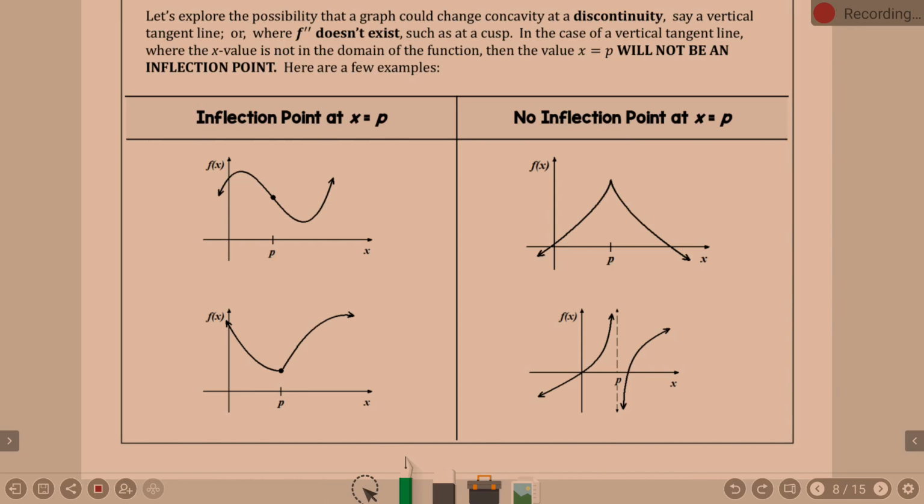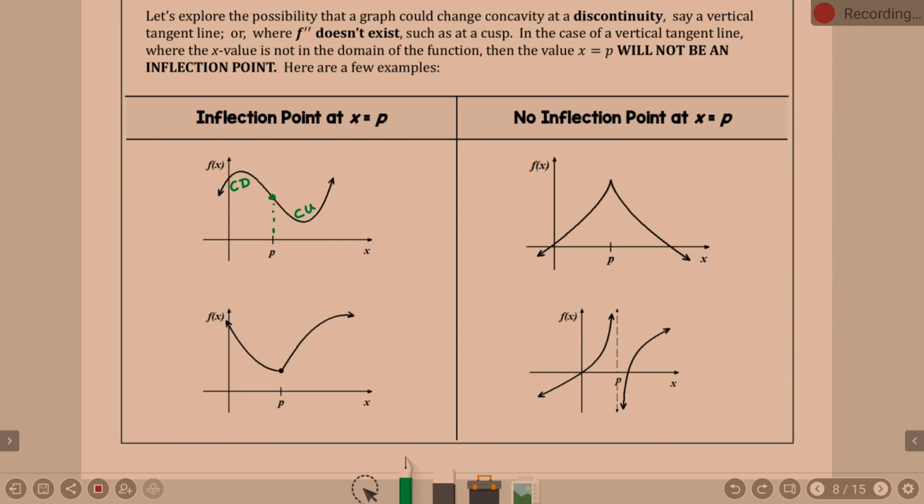So we're going to talk about some cases here. These left cases, here is a scenario where P represents an inflection point. My graph clearly changes from concave down on the left to concave up on the right, and P is where that is happening.